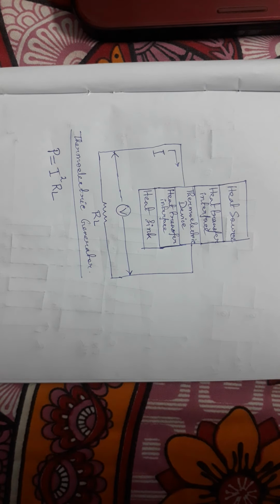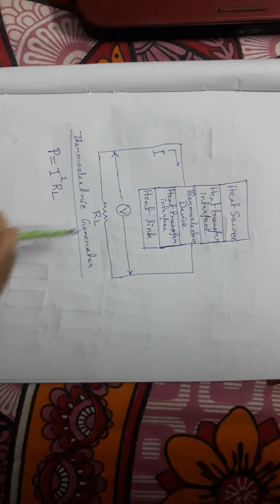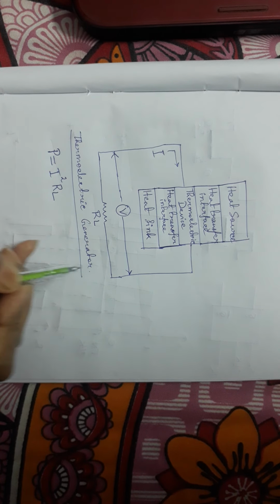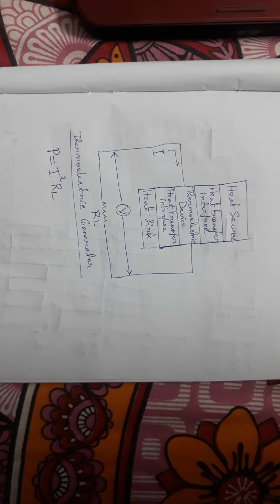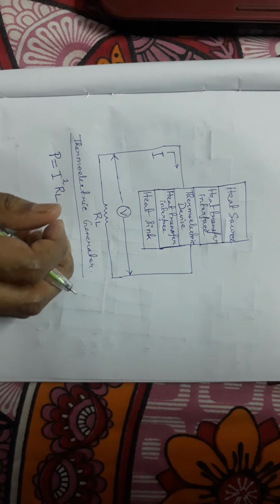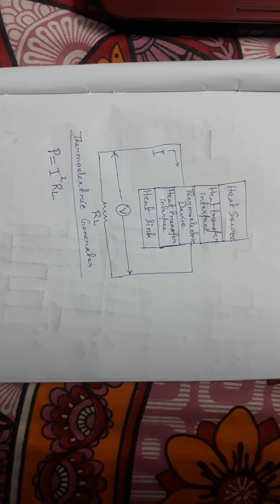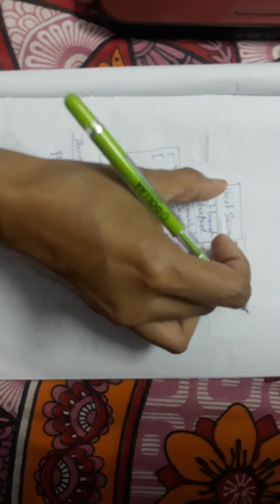One of the important things about this thermoelectric generator is that the energy conversion is a reversible process, that is, the direction of energy flow can be reversed. If we remove this external resistance RL and any externally connected voltage source, then we can draw heat from the heat source.